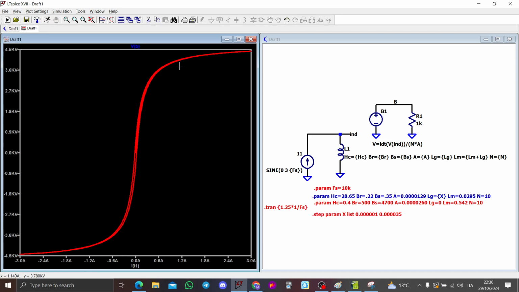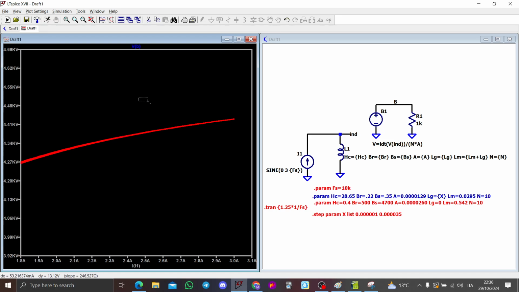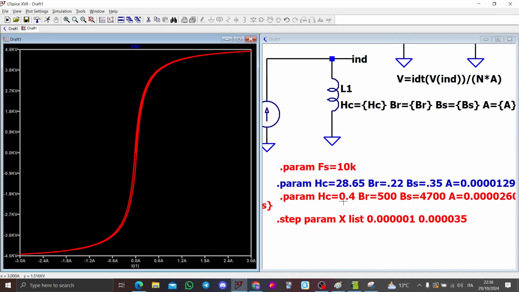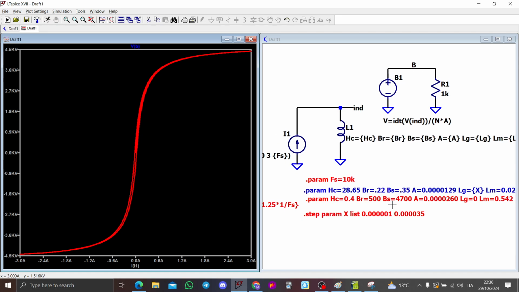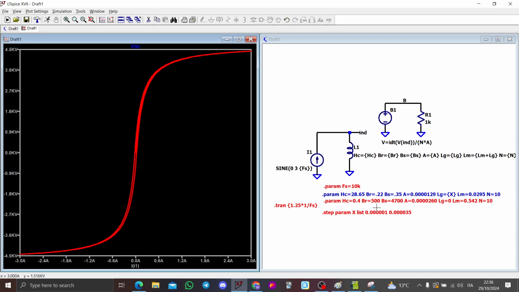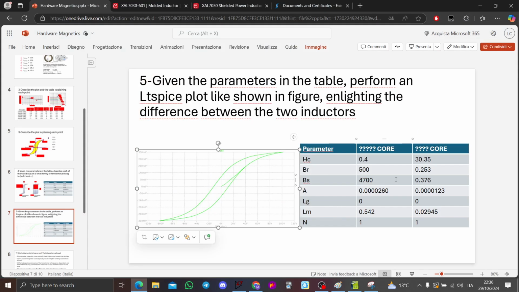So this is probably an inductor for hard, but it is strange because it has a low H of G. It has a high value of saturation but a low value of coercive force. But I didn't choose the parameters, so maybe there was a mistake here, or I don't know.